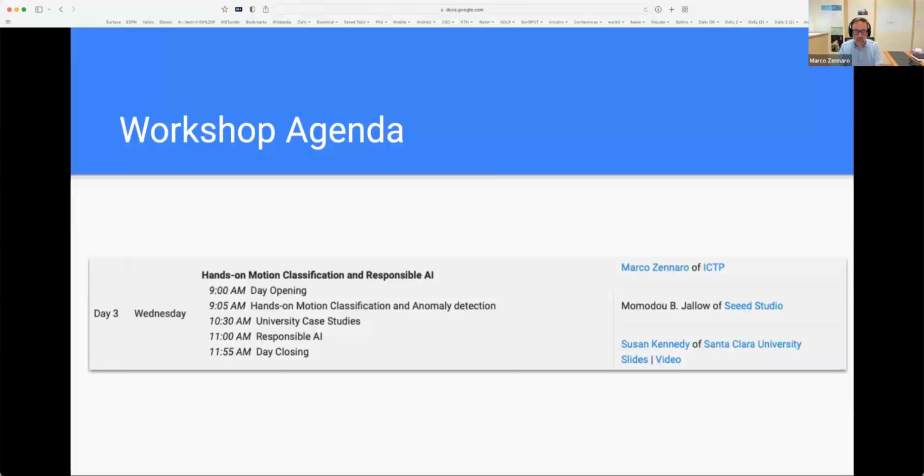And in fact, on Wednesday, we will start with one specific application, which is motion classification. So we will use Edge Impulse and the Seed Kit to classify different types of motions, and that is then useful for anomaly detection. I will cover the case studies in a second, so we're going to have a few presentations about case studies.